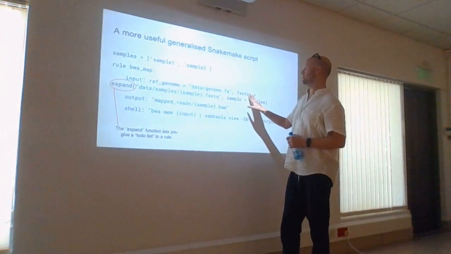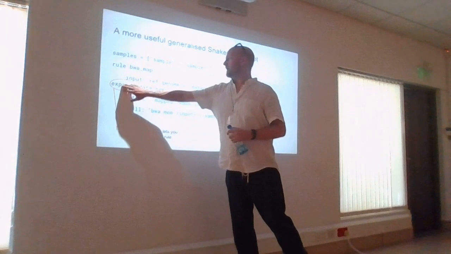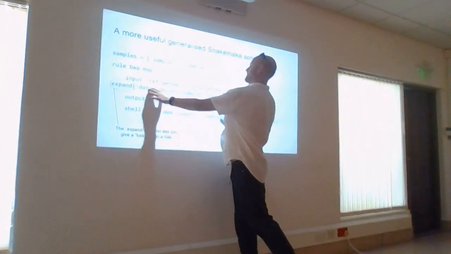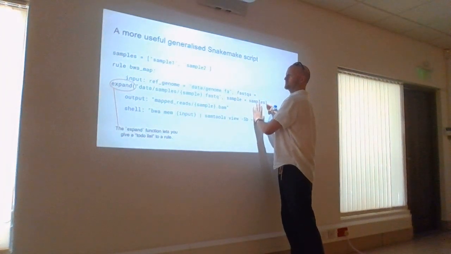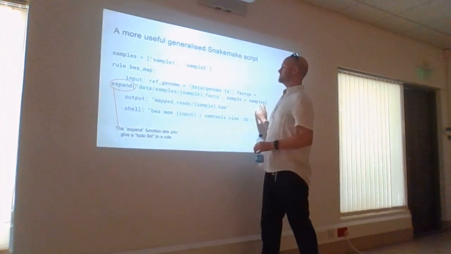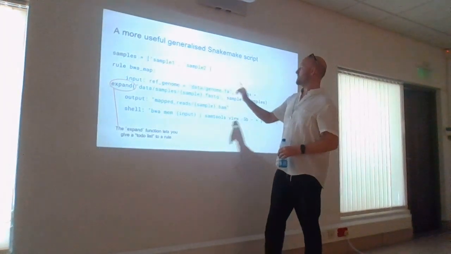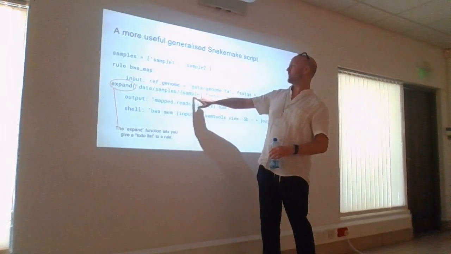Now our named parts of the input are going to be the reference genome and something we're calling fastqs. So fastqs equals an expand of this string with this list. What this does is give me this string with every element of samples in place of sample.